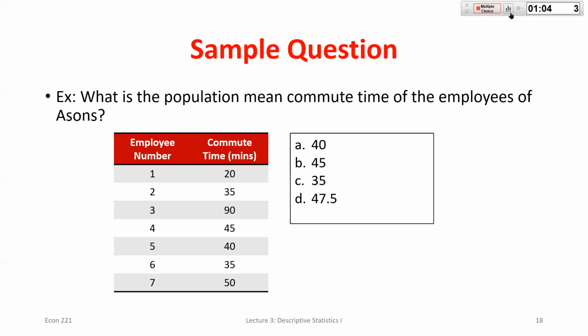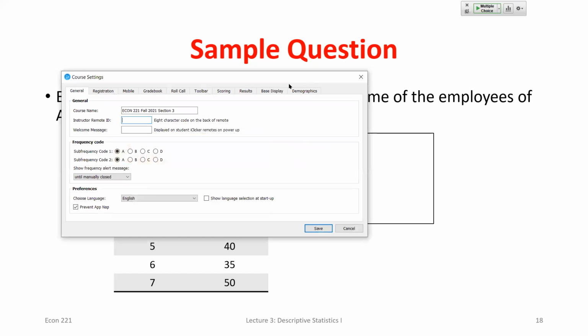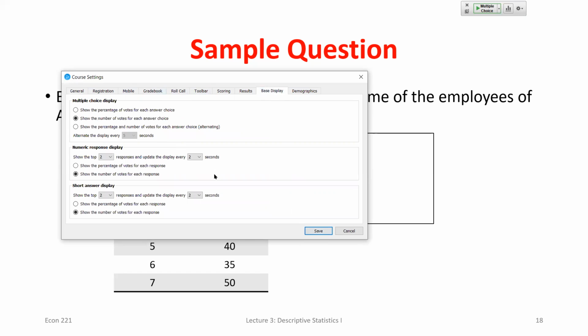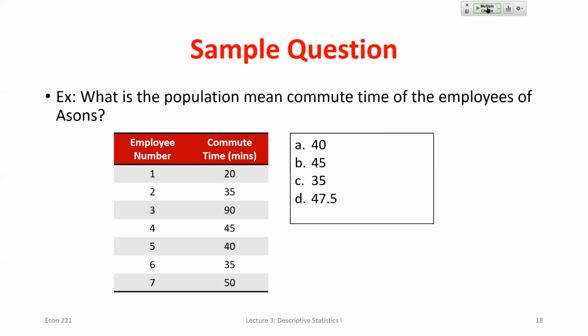Let's see. Let's try this again. I might not have set it correctly. Looks like it's set to AA. Let's try it again. You're still not seeing it? Some people have it showing up, right?